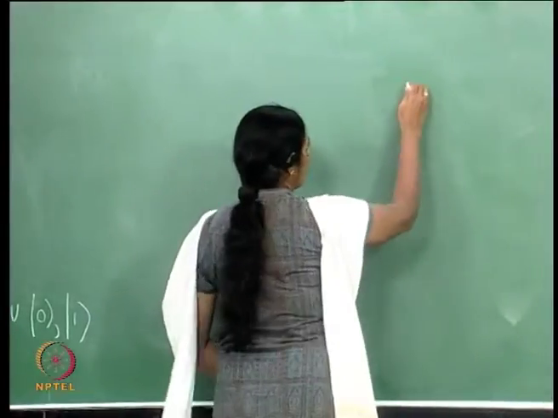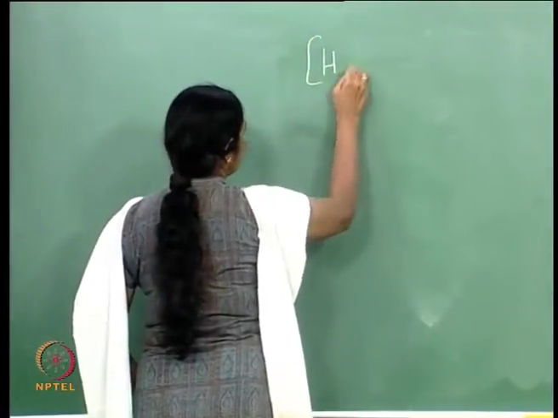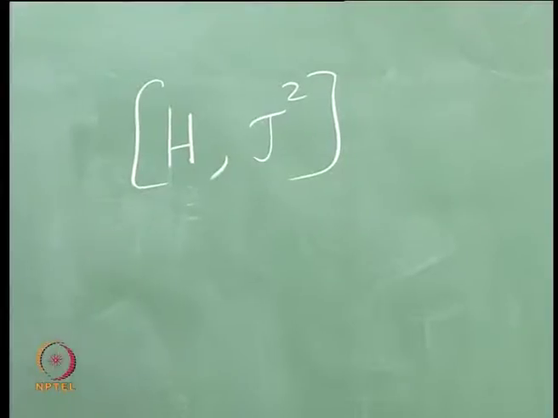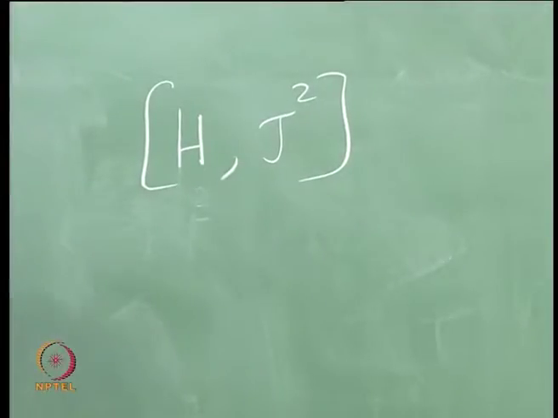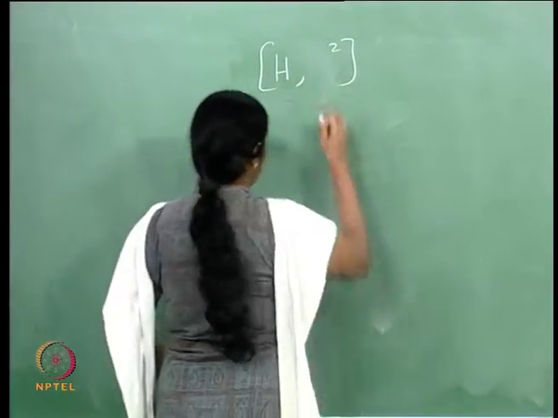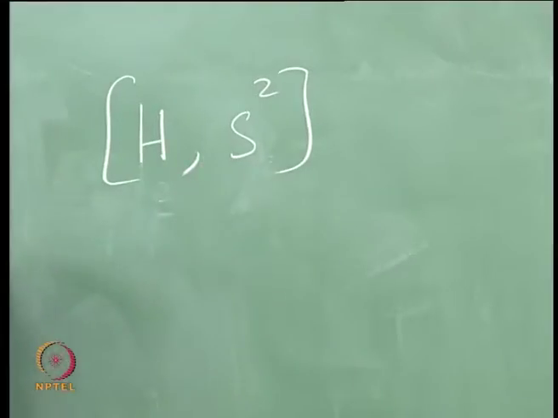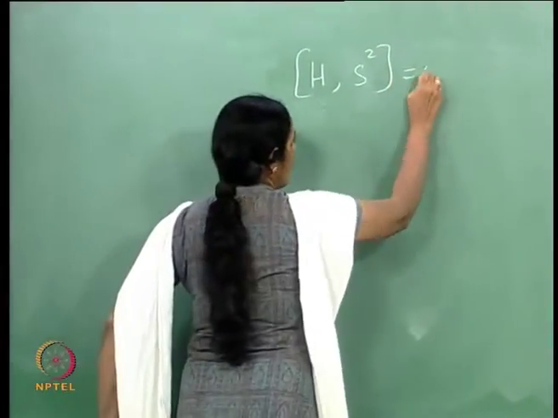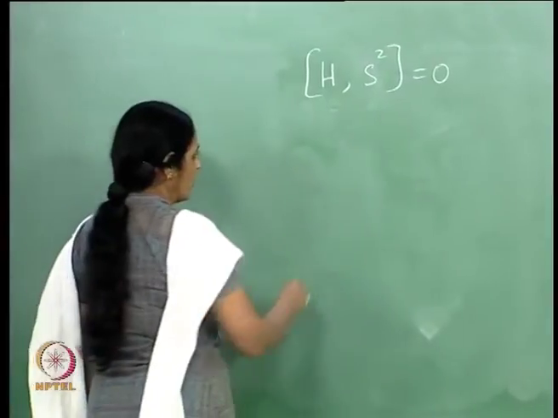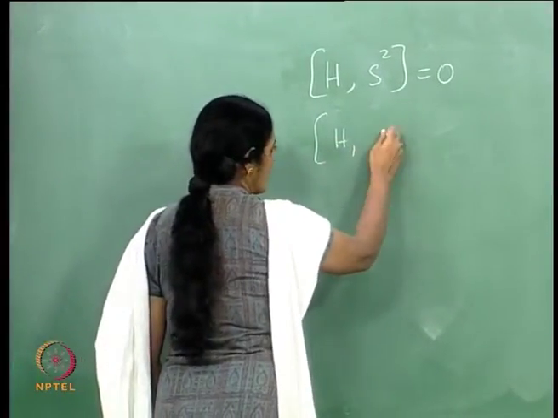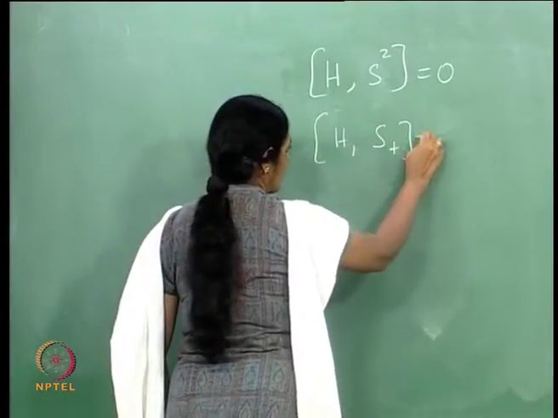Suppose I have a Hamiltonian which commutes with the angular momentum operator j squared. In particular, j is spin, so it's not orbital angular momentum. So let me look at the spin angular momentum. So H commutes with S squared. Suppose I have a Hamiltonian which commutes with this, and the Hamiltonian commutes with Sx, Sy, Sz, and therefore with S plus.